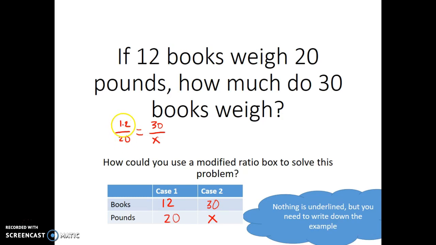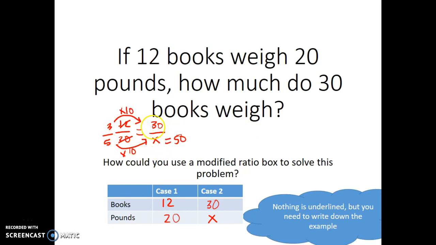So I know, for example, that 4 goes into both of these. So 4 goes into here 3 times, 4 goes into here 5 times. So I could have also written this as 3/5 equals 30 over X. This makes it really easy to use that first strategy, right? So 3 times what equals 30? 3 times 10 equals 30. So I'm going to do 5 times 10 also. And X must be 50.